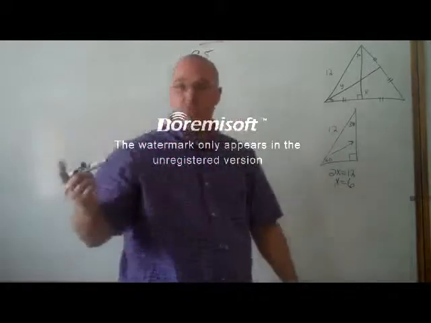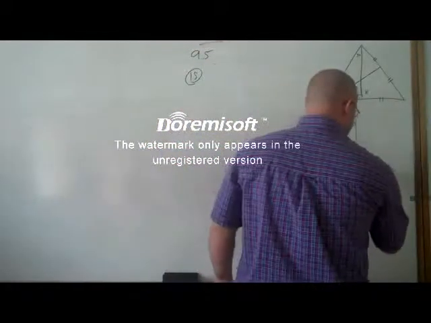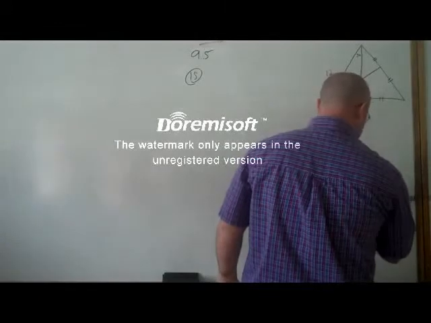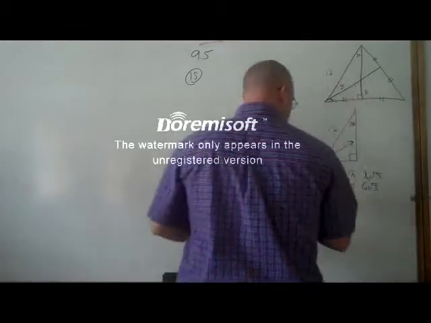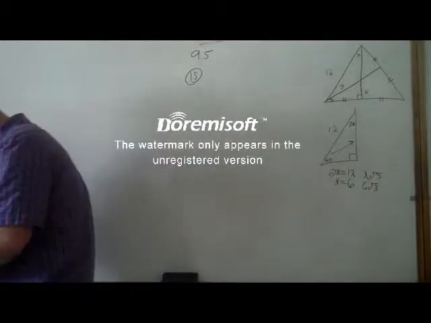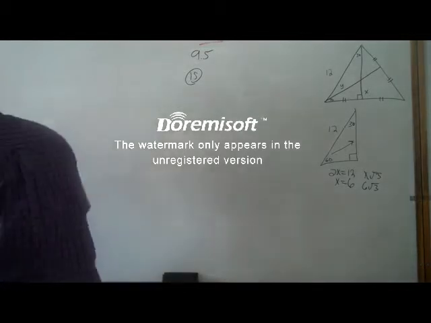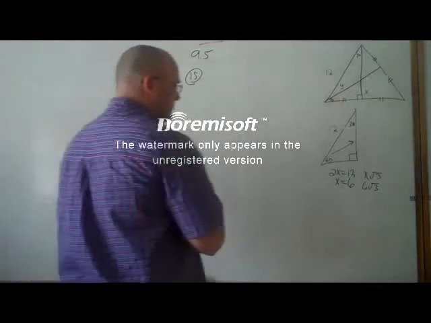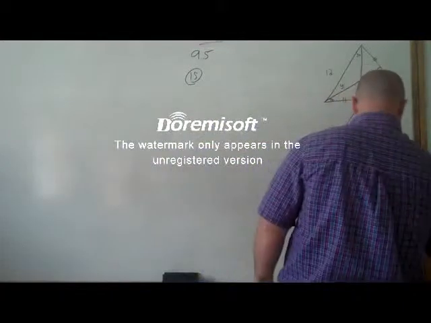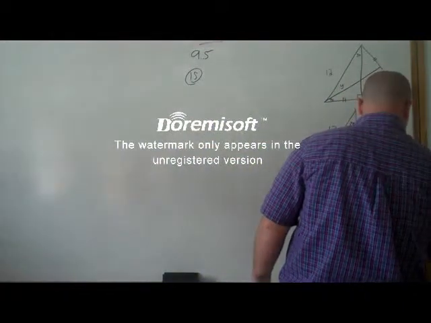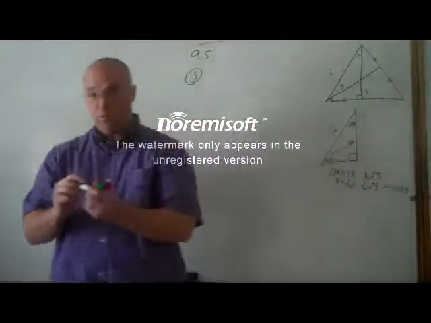So, now this is where I use x times the square root of 3. We know x is 6, so 6 times the square root of 3 equals 10.39. We're not done yet.